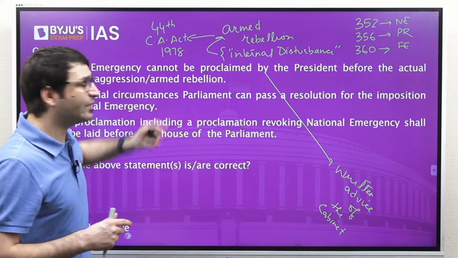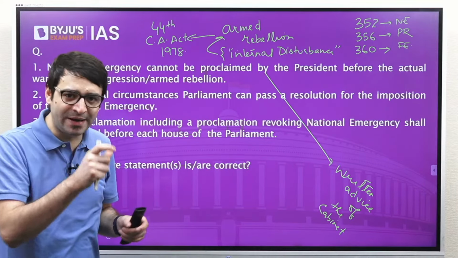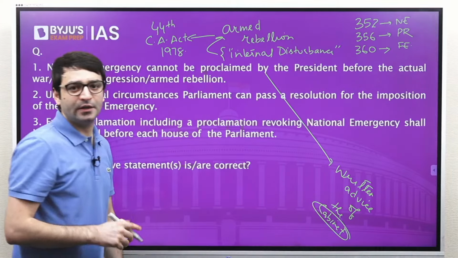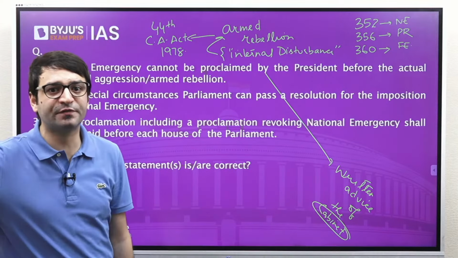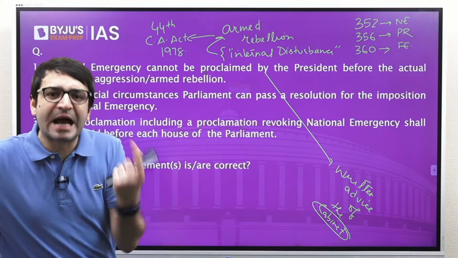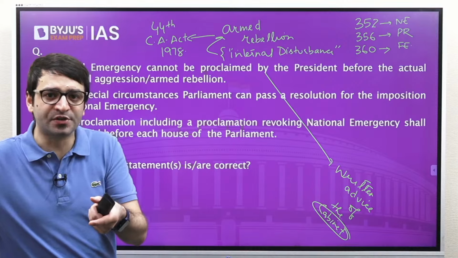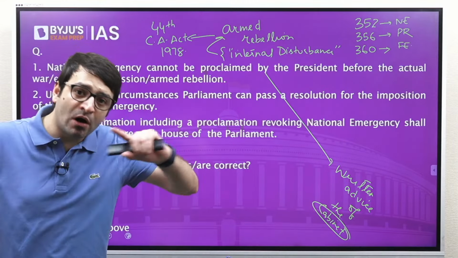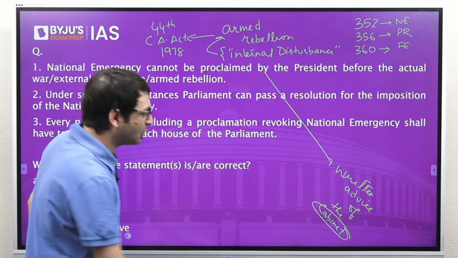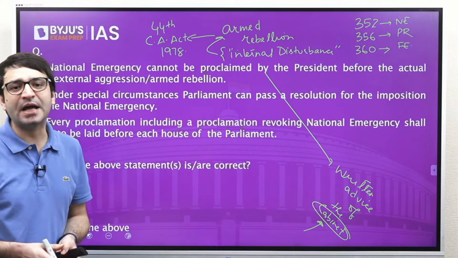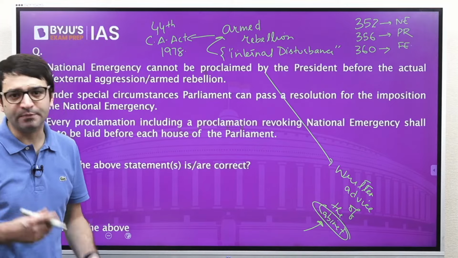Now in 1978, the Constitution was amended, specifically inserting the word Cabinet for the first time. So now the President can proclaim national emergency not on the basis of the oral advice of the Prime Minister, but on the written advice of the Cabinet. This is how national emergency can be proclaimed.